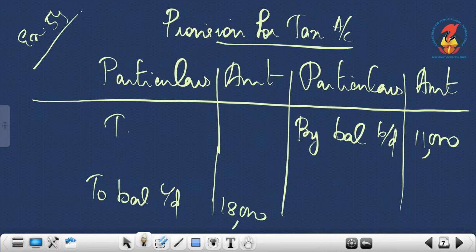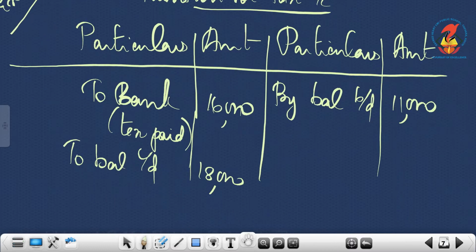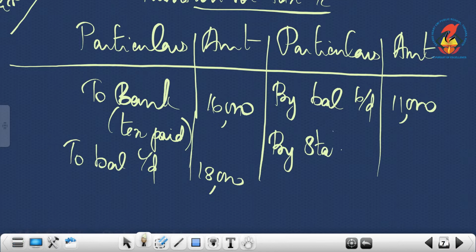Then we have tax paid, which we will write as to bank. This figure will be deducted from cash generated from operations. So tax paid here is 16,000. The balance we will write as by statement of P&L.